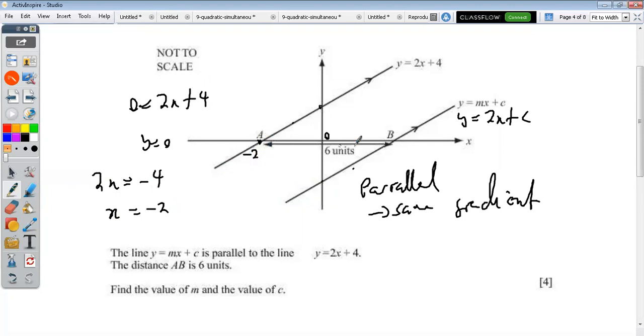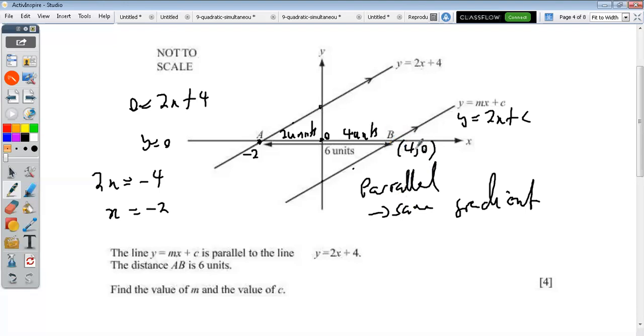So this point here is negative 2. If I'm saying 6 units, from this to this I'm only moving 2 units. Are we agreeing? Along the y, the y is constant, it's the x. I'm moving 2 units. Then from this to this, I'm moving forward 4 units, sir. So what is this point here? It's 4, 0. That's our B. Is that clear now?